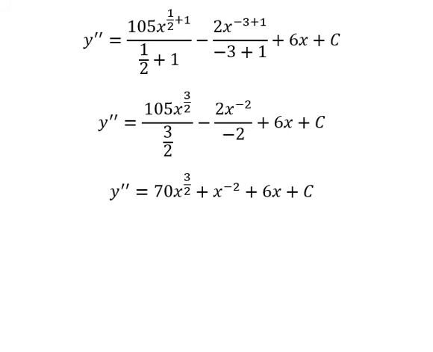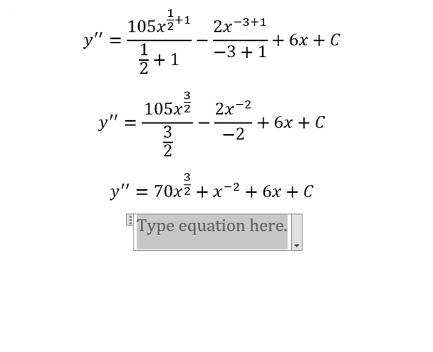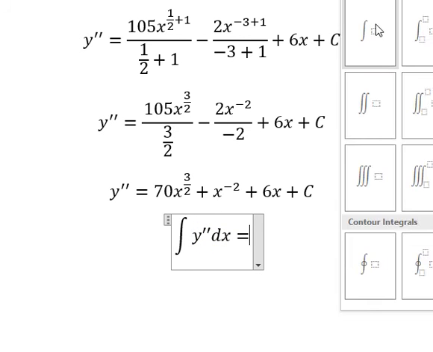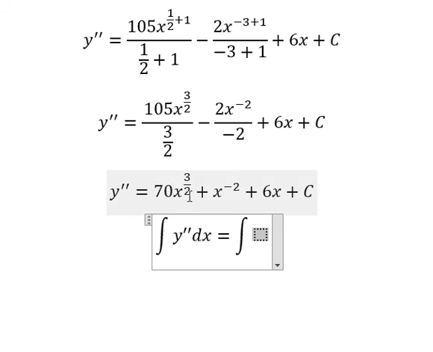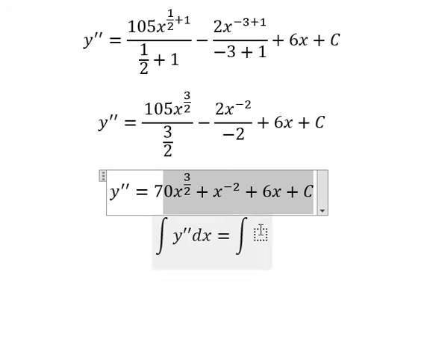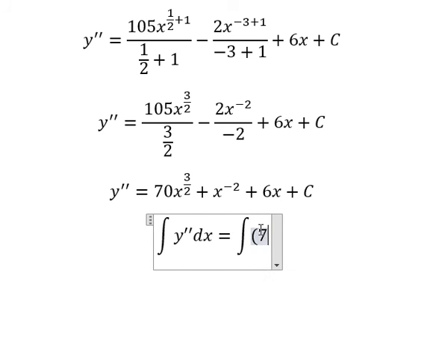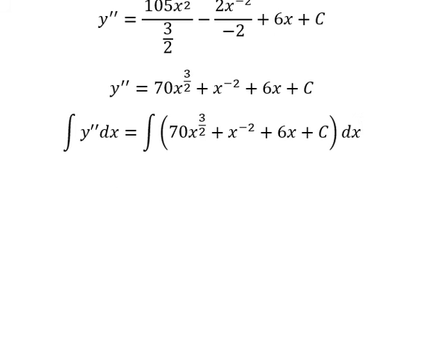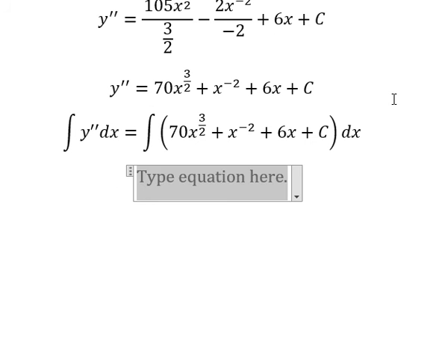So we put the integration for both sides. So this one you get the first derivative.